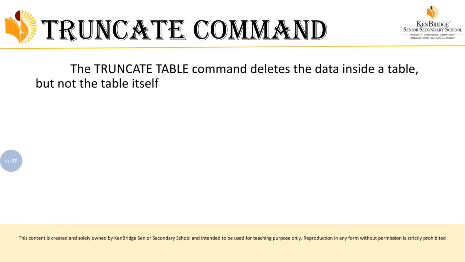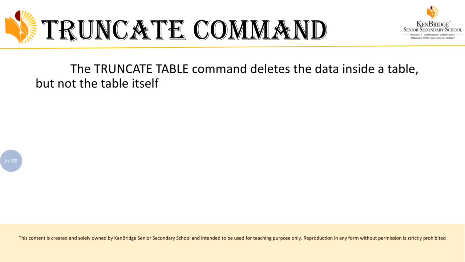This truncate command is used to delete all the rows from the table permanently. Whatever you delete with the truncate command will be done permanently. This command is the same as delete, but the truncate command does not generate any rollback data.